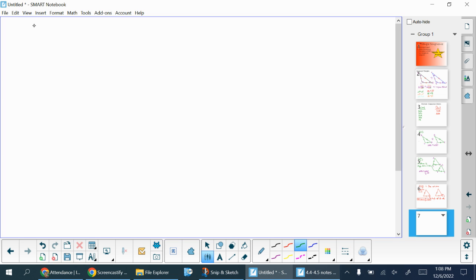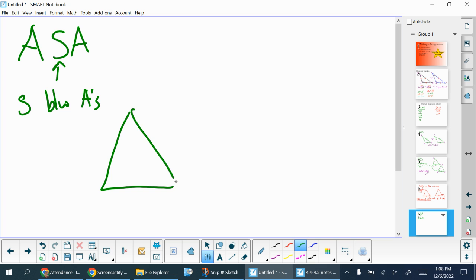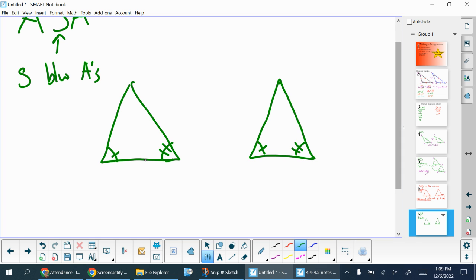These two both do work. So if I do ASA, this is a good one to do next. This time you'll notice that the S is between the A's. So when we draw our triangles, what we're looking for here is two angles that we know. There's one pair of angles, there's another pair of angles, and the side has to be between the two angles. So it's that one and that one.